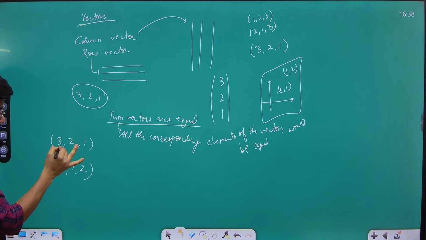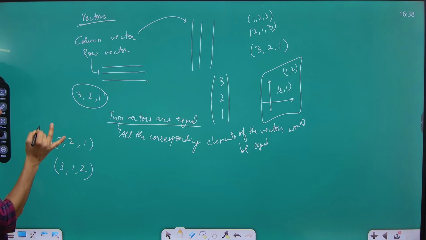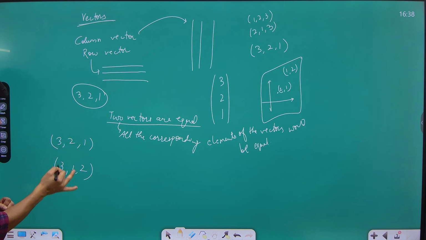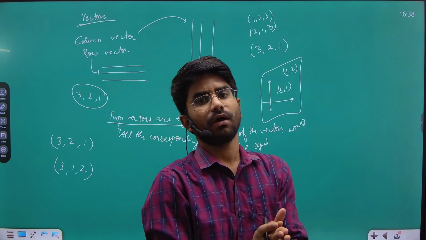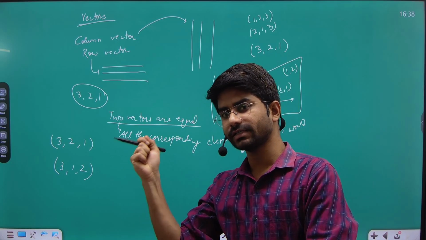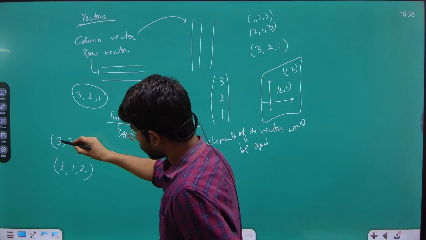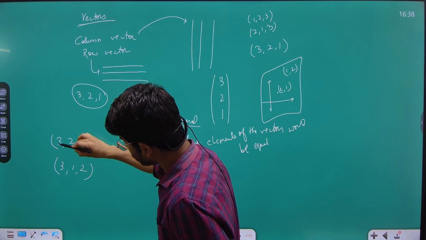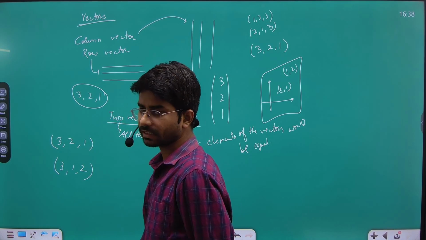That means corresponding to the first element of the first vector, the second vector also has the same value, but while we compare the second and third elements of the first and second vector, we see that they are different. That means although the first elements of the two vectors are same, the second and third elements are different.